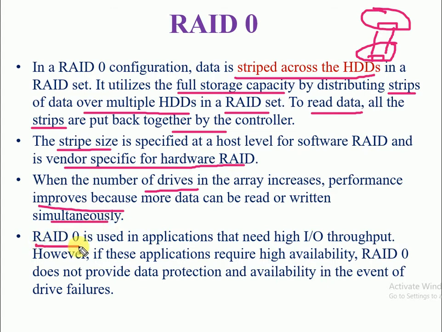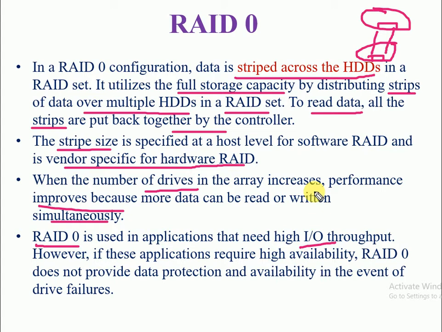And RAID 0 is used in applications that require more I/O operations. That means where we require high speed input output throughput, more data to be read and written, because the data is distributed among different hard disk drives.